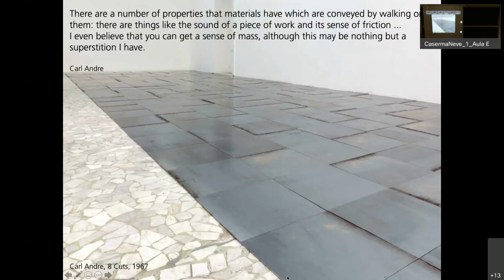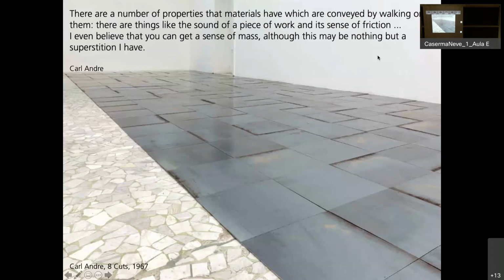Or, of course, the idea of Carl Andre has always been the idea of creating a sort of awareness of how the feeling of walking over different surfaces is also changing the feeling of the space itself. He says that there are a number of properties that materials have, which are conveyed by walking on them.